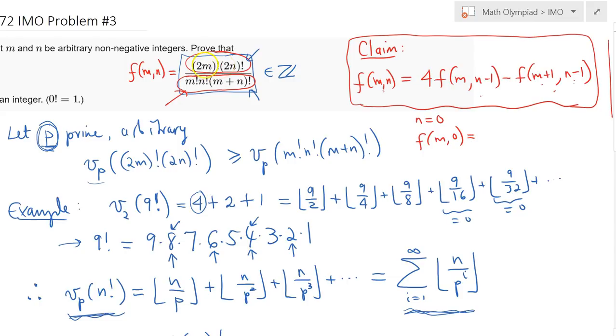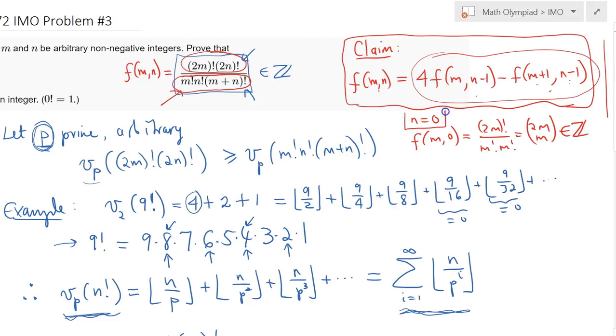So it will just give you 2m factorial divided by m factorial times m factorial. Hey, this is just 2m choose m, right? And indeed this is an integer. So therefore the base case looks like it works.